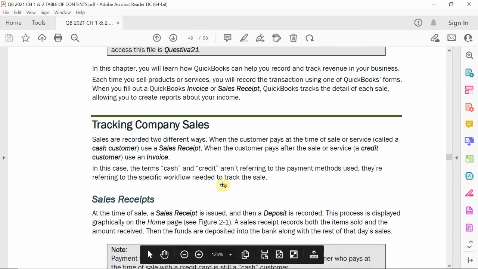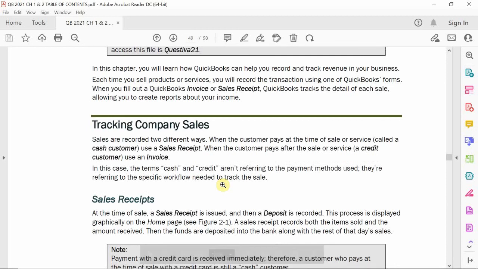Okay, so just exactly like how we have our vendors, our customers are also going to be kept track of in 2 different ways, right? We have our cash customers and we have our credit customers, the same exact way as we have our cash vendors and our credit vendors, right? But this time, when we're dealing with our cash customers, what does that mean? It means those customers pay at time of service, whether they paid with cash, credit card, check, or EFT, whatever means that they paid us.